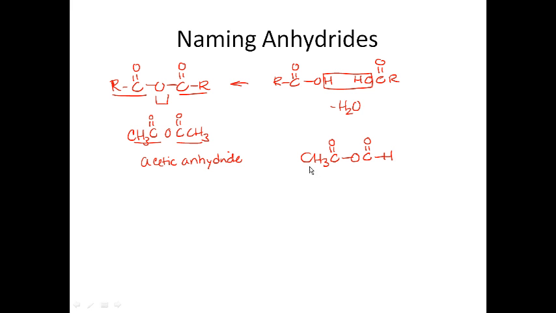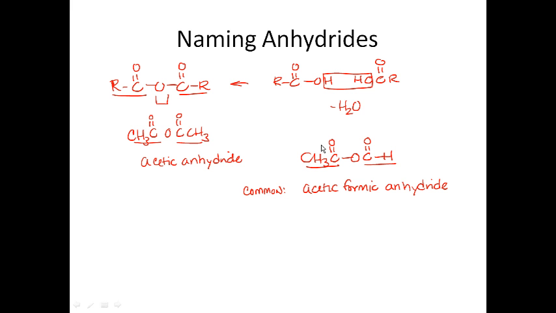Now looking at this, it came from acetic acid and formic acid. We could call this one acetic formic anhydride. And so that would be very descriptive, and that would actually be what we would call our common name.